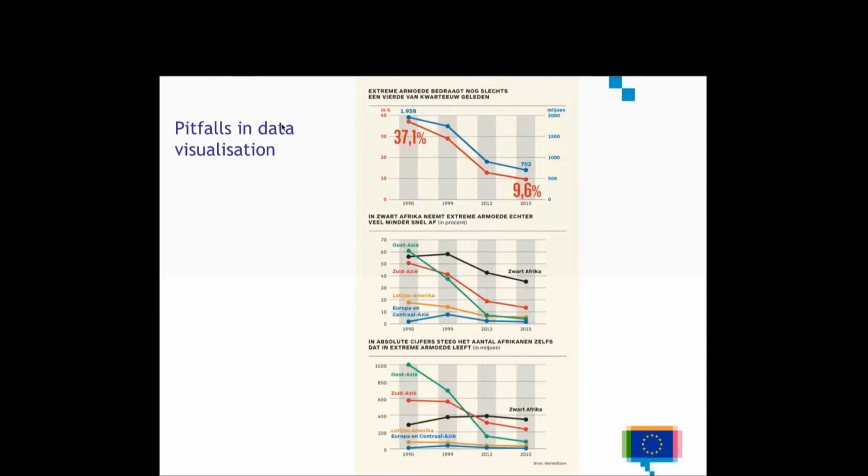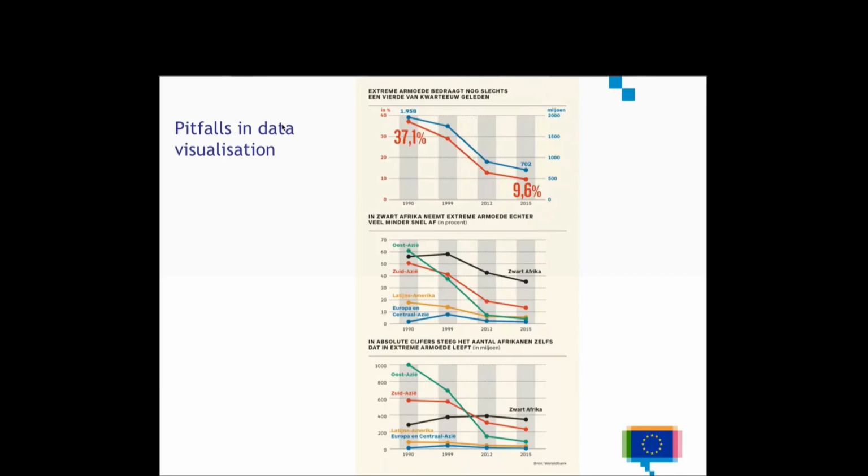Pitfall, and I briefly touched already on this topic. Whenever you have a data set and the date column in your data is not recognized correctly by the software you use to make visualizations, then you will end up with charts like this. This is a group of charts showing you the poverty rates in different regions in the world through time.